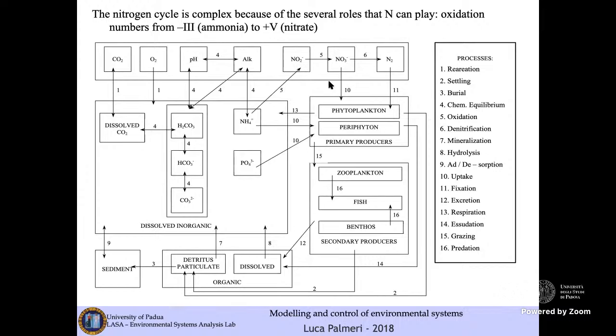There are several other processes, like processes in which you have nitrogen transfer due to respiration, like process 13. In process 13, phytoplankton respiration transfers nitrogen from the phytoplanktonic pool into the ammonia pool, into the water, or dissolved in organic forms.